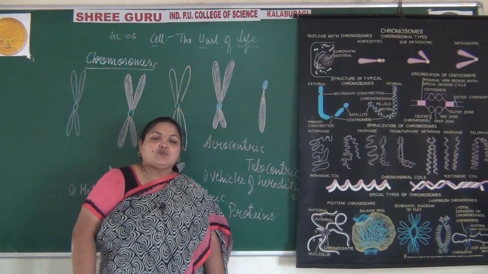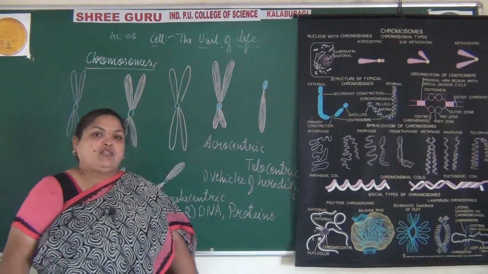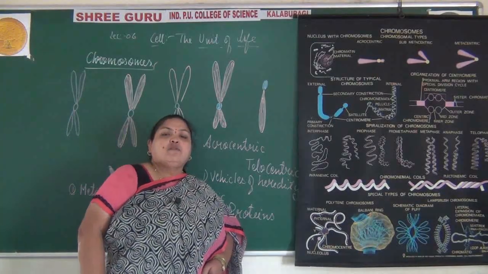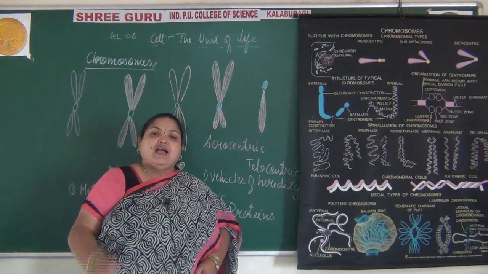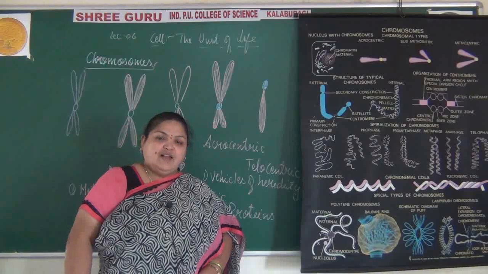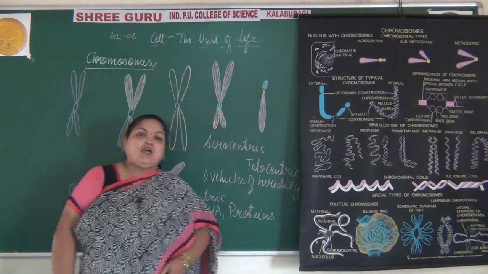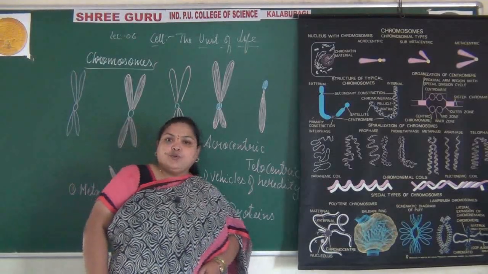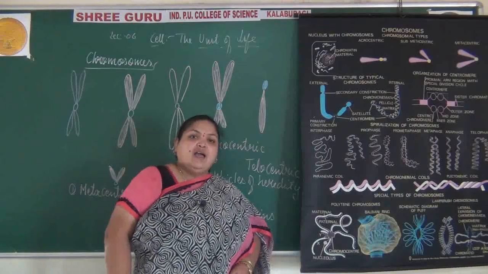In the next class, we will go with the ribosomes. Many times you have heard about the ribosomes. So we will go with the structure of the ribosomes, the centrioles, and how cilia and flagella work, and in the remaining class, the differences between the prokaryotic cells and eukaryotic cells, then the differences between the plant cell and the animal cells.